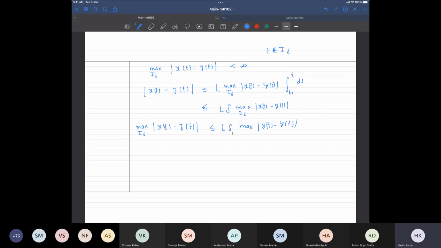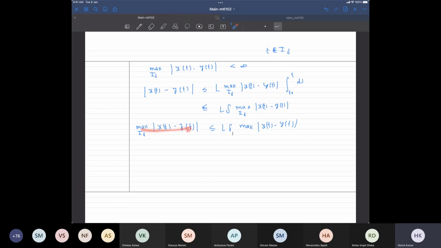Now let's look at these two terms. Either this is equal to 0, and then of course x(t) is equal to y(t) for all t in I delta, so the solution will be unique in I delta at least.